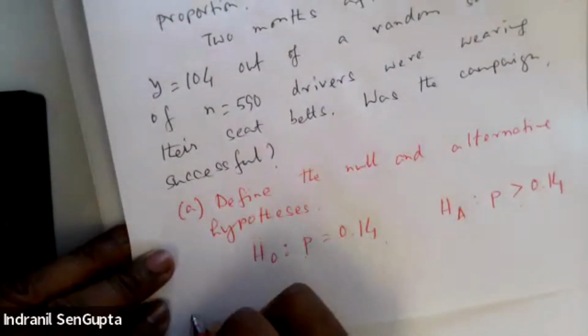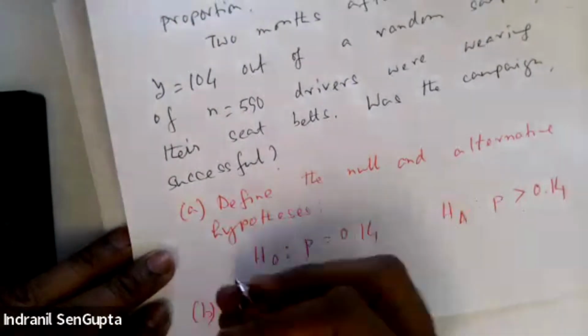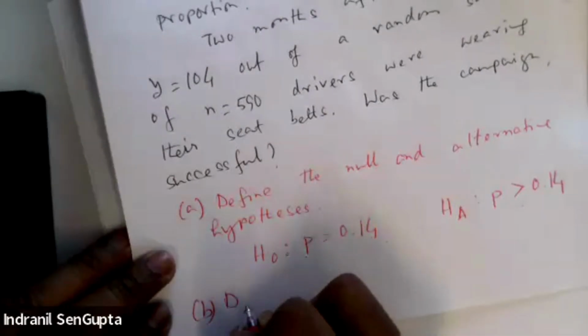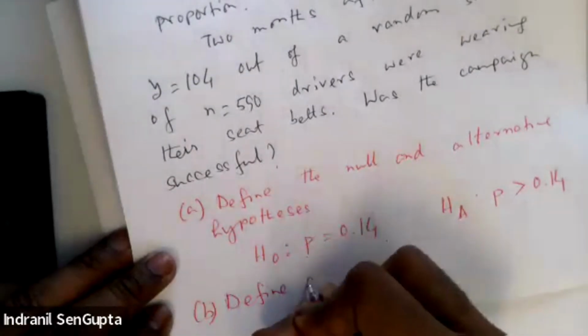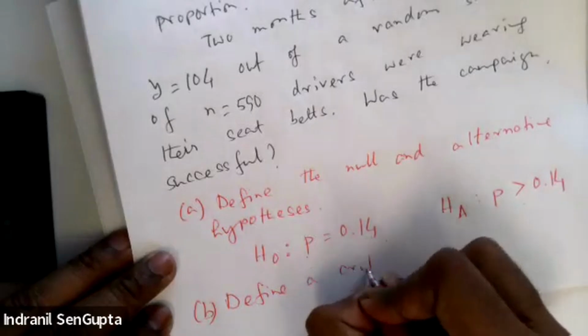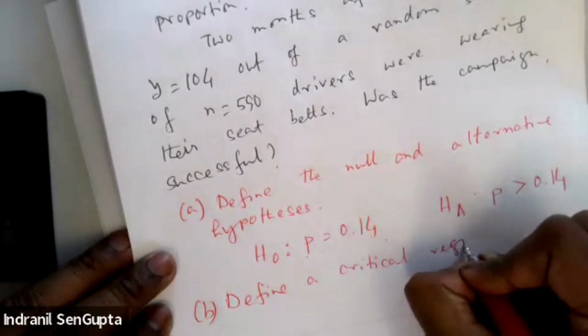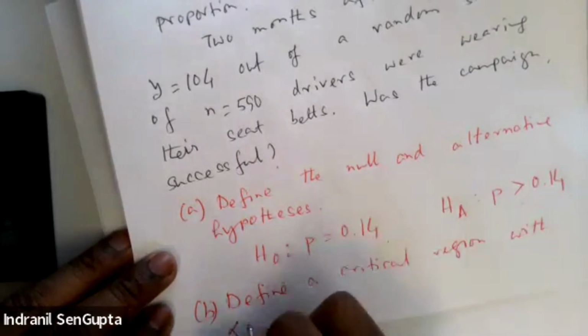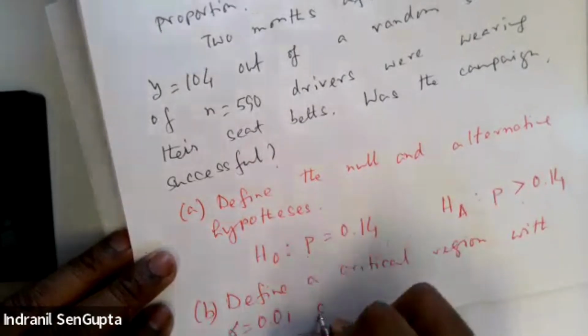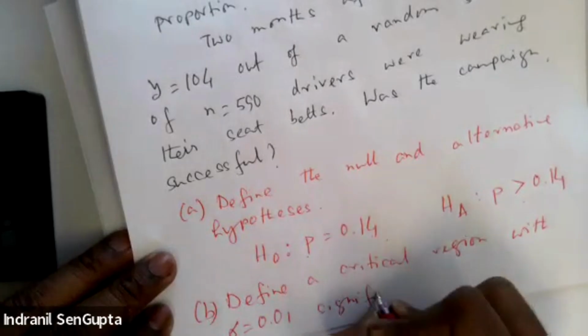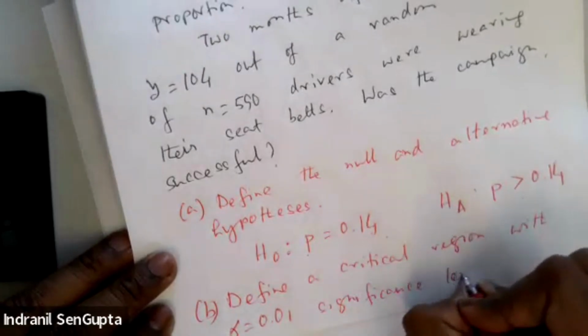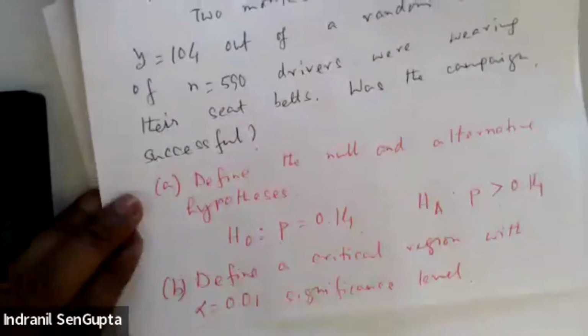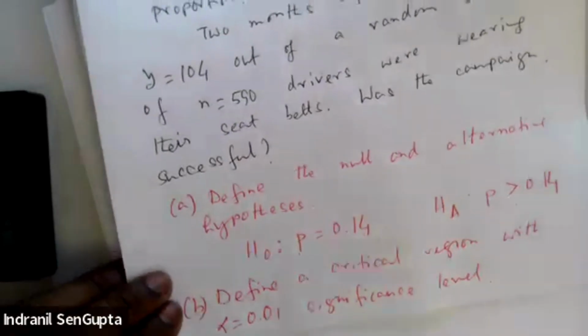B, define a critical region with alpha equals 0.01 significance level. So that's also not hard.